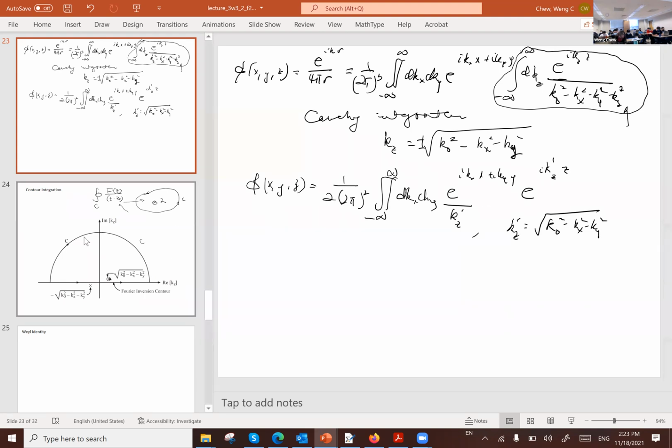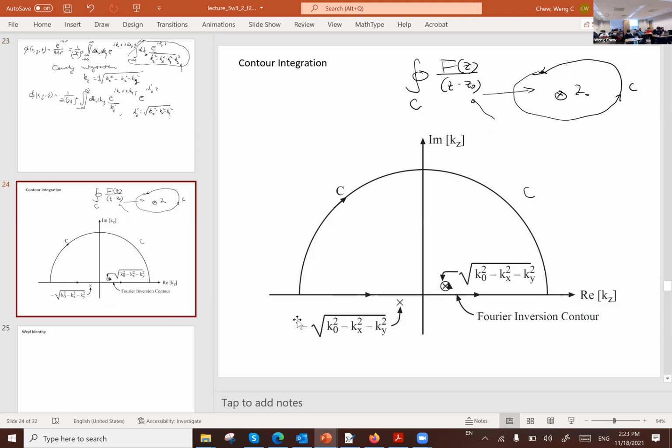And you can do the same thing when z is negative, and you can detour downward and convince yourself that the contribution from this contour is equal to 0. This contribution is equal to 0 for z larger than 0, and you can also convince yourself that this contribution is 0 when z is less than 0.